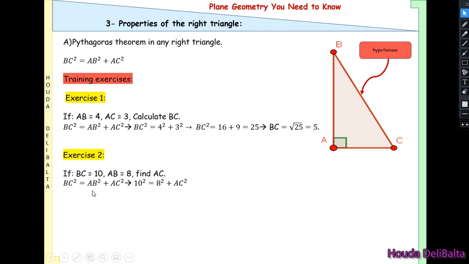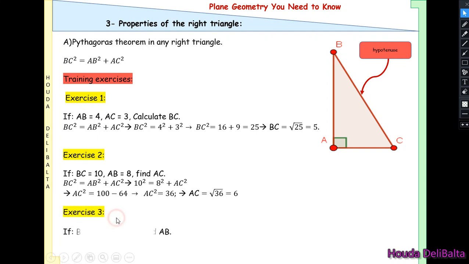BC squared equals AB squared plus AC squared. Now evaluating, BC is 10, then BC squared is 10 squared equals 8 squared plus AC squared. Then taking 8 squared to that side, AC squared is 100 minus 64. Thus AC squared is 36, and thus AC equals radical 36, which is 6.